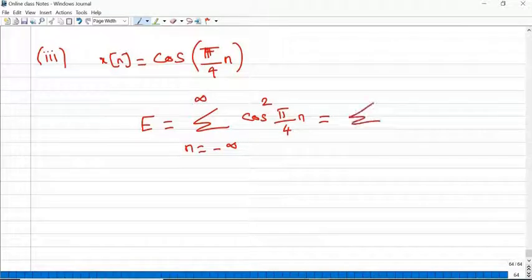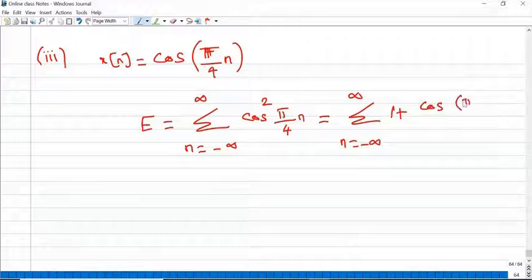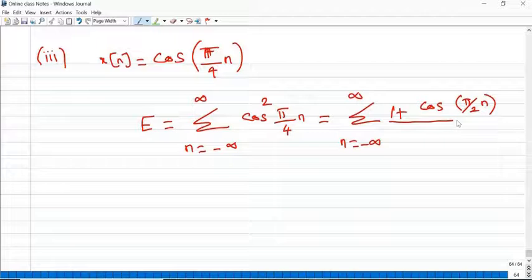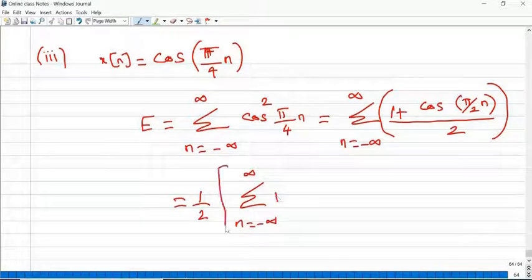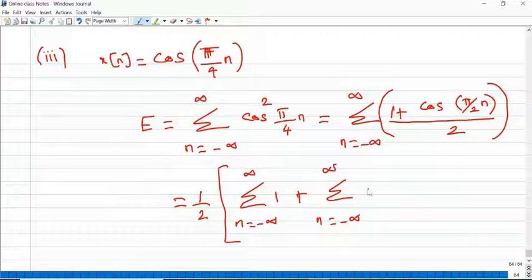So cos square theta, summation n equal to minus infinity to infinity, equals 1 plus cos 2 theta divided by 2, that is 1 plus cos pi by 2n. So take 1 by 2 common outside: summation n equal to minus infinity to infinity of 1 plus summation n equal to minus infinity to infinity of cos pi by 2n.